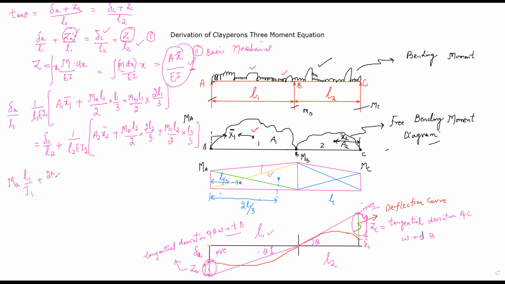Plus 2 times MB into L1 by I1 plus L2 by I2, plus MC into L2 by I2, becomes equal to minus 6 times, once you perform these multiplications, A1 X1 bar divided by I1 L1 plus A2 X2 bar divided by I2 L2.